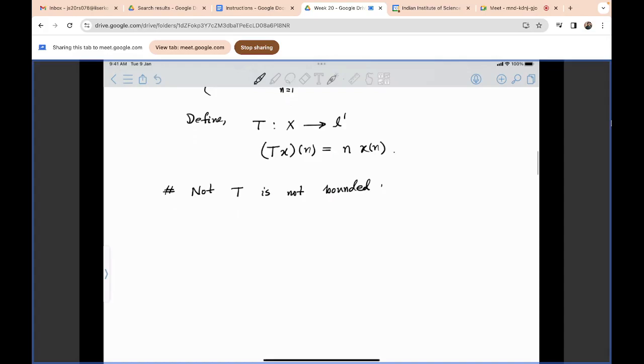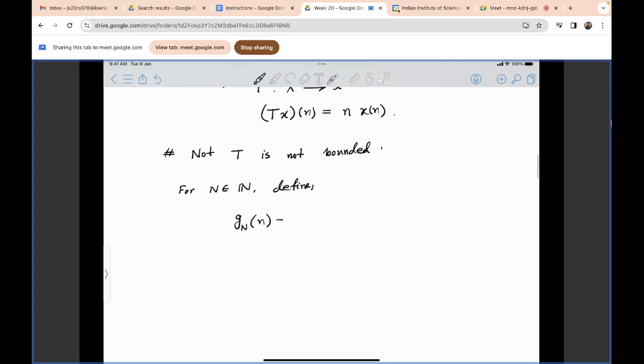Why? Define, first take a natural number N. Gn is defined to be a sequence which is 1 if n equals capital N and 0 if n is not equal to capital N.